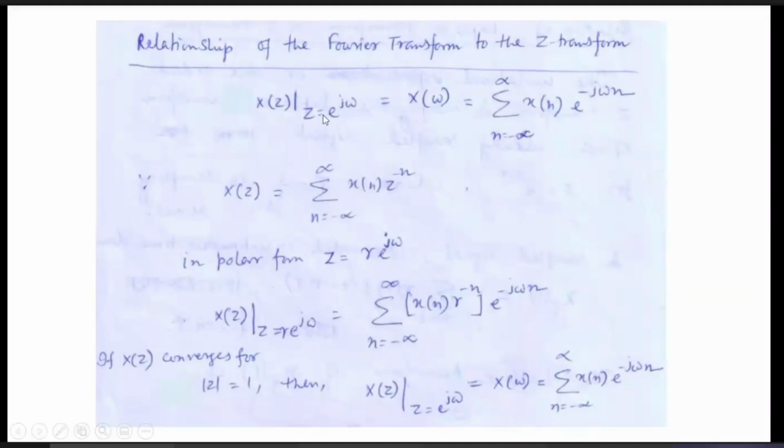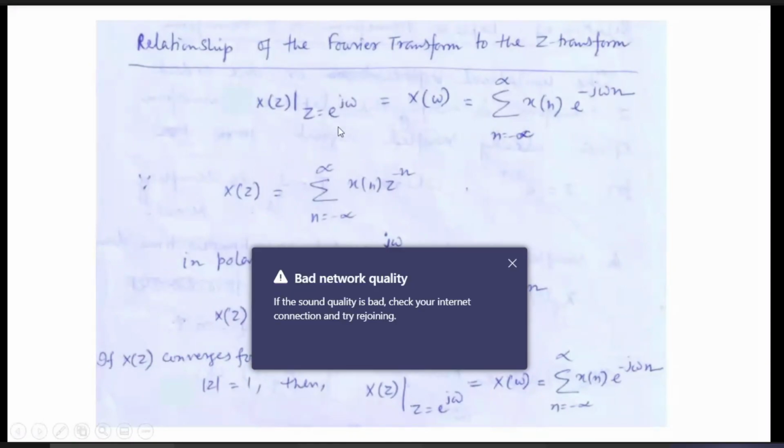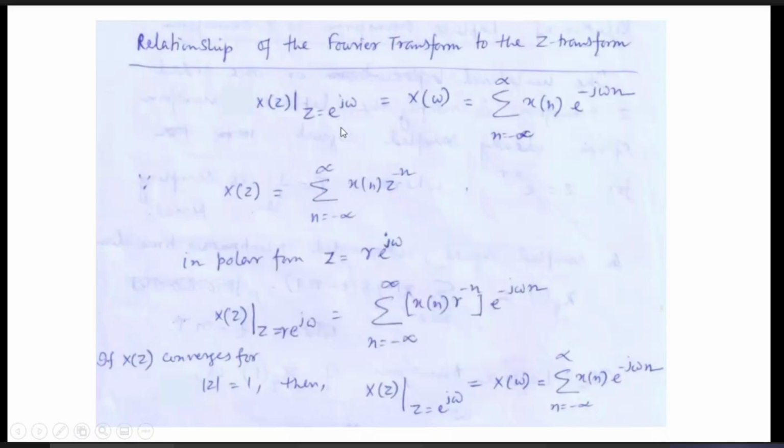Now that means what? Z actually is a complex number, and it is defined as z is equal to r into e to the power j omega. So here we put r is equal to 1, so we get z is equal to e to the power j omega. So r is equal to 1 means what?